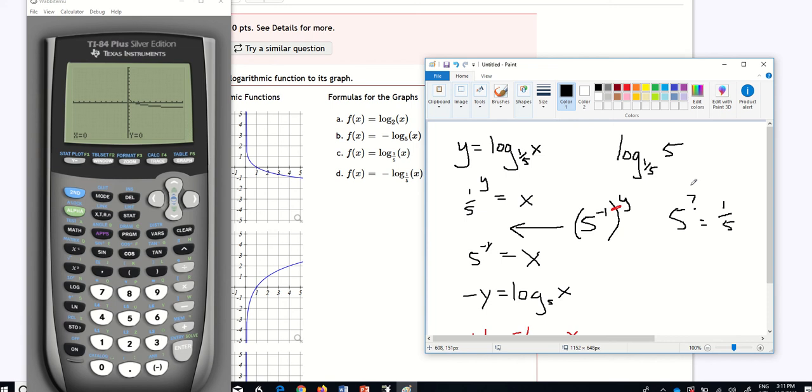And that's a nice number. That's a -1. 5 to the negative first power is 1/5. You can see right here at x equals 5, here's y equals -1, and you'll be able to see that on the graph over here.